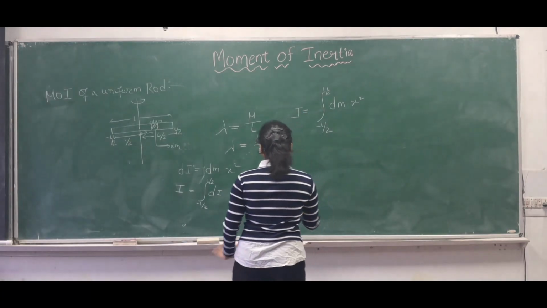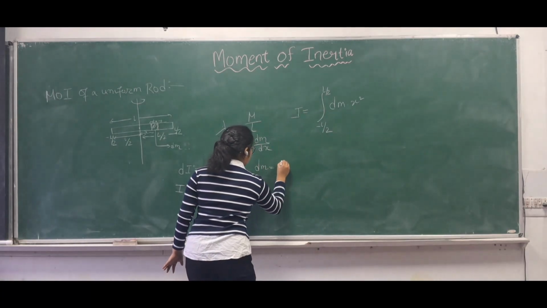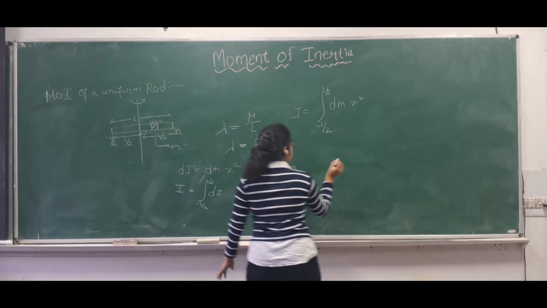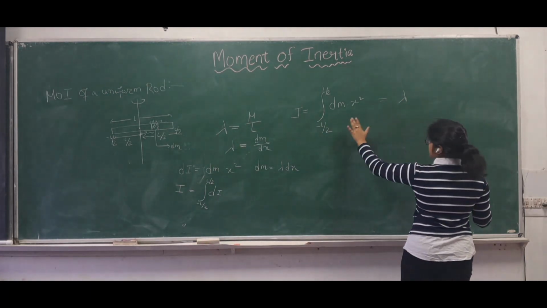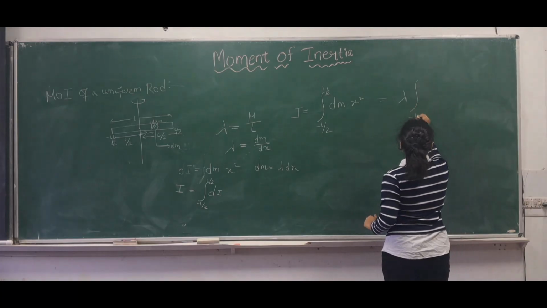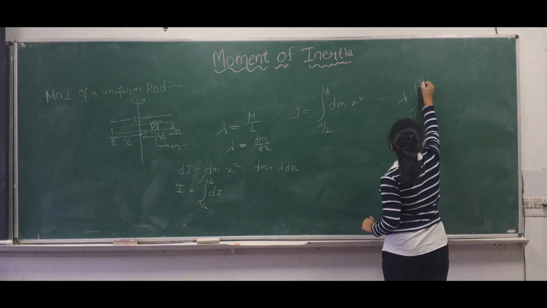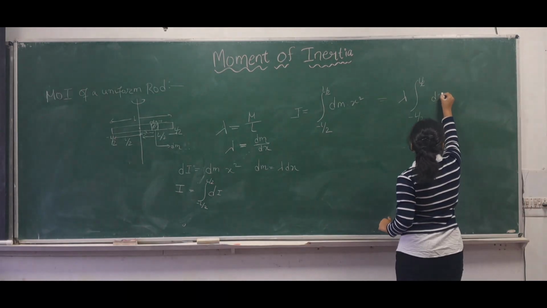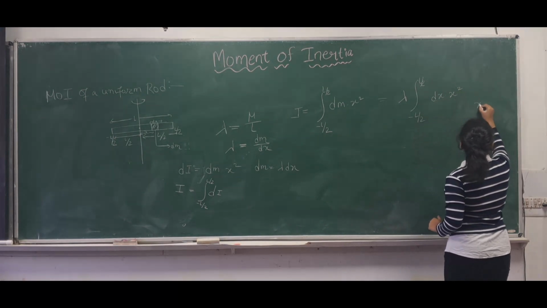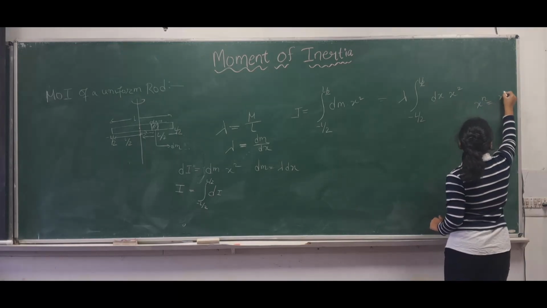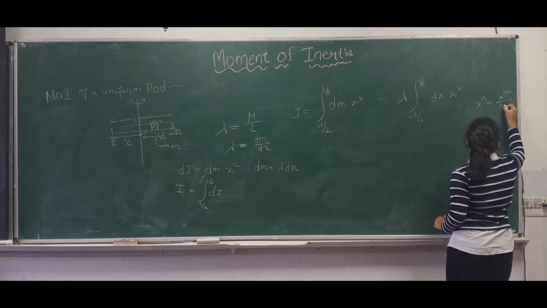Here dm is lambda times dx. Lambda is a constant, so it is taken out of the integration, from minus L by 2 to plus L by 2. Now for the integration, x to the power n integrates to x to the power n plus 1 by n plus 1.